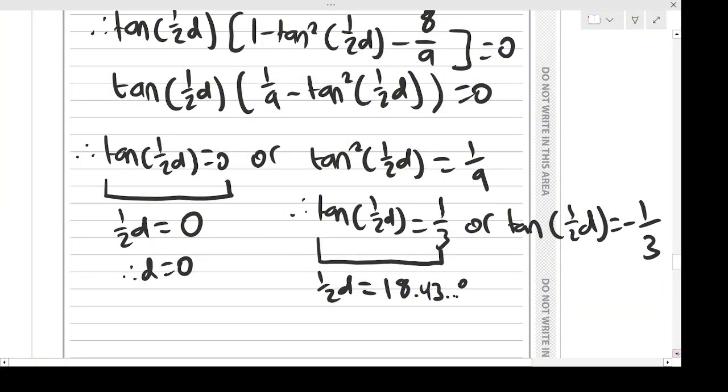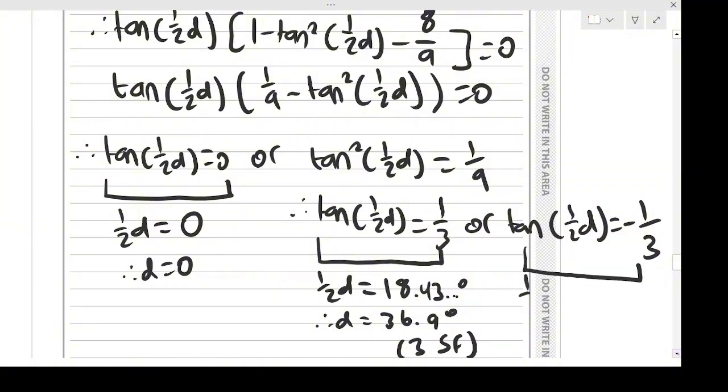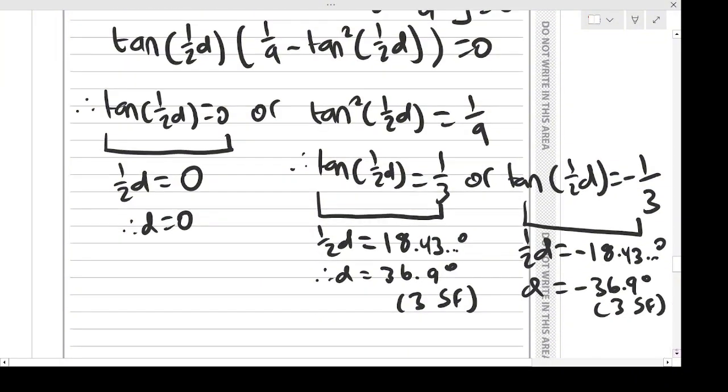But then to get alpha, we can times by 2, and then we get 36.9 to 3 significant figures. Okay. Then if we solve the last equation, we get half alpha to be minus 18.43. Then alpha is going to be minus 36.9. So we've got these three solutions then. We either got alpha is 0, alpha is 36.9, or minus 36.9.